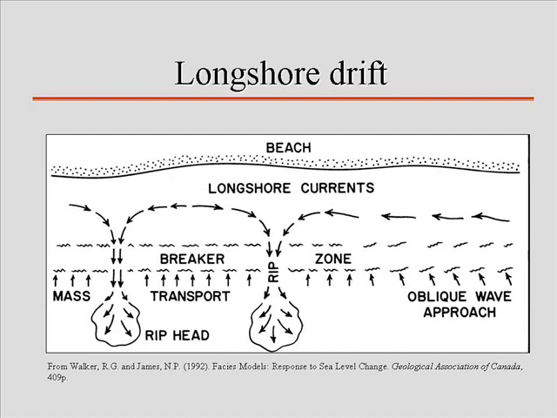So in a situation like this, you can have different types of currents being developed. Longshore currents occur when the wind is blowing obliquely to the shoreline. What happens is the waves will move in this direction, and then when the water returns back, it flows down gradient. The next wave comes in like so. Next thing you know, there's a residual current moving along shore, in some cases taking sediment along with it.